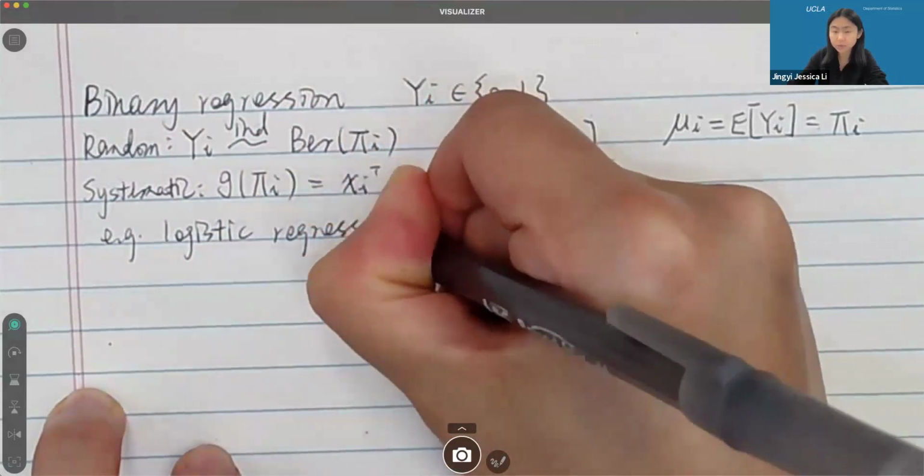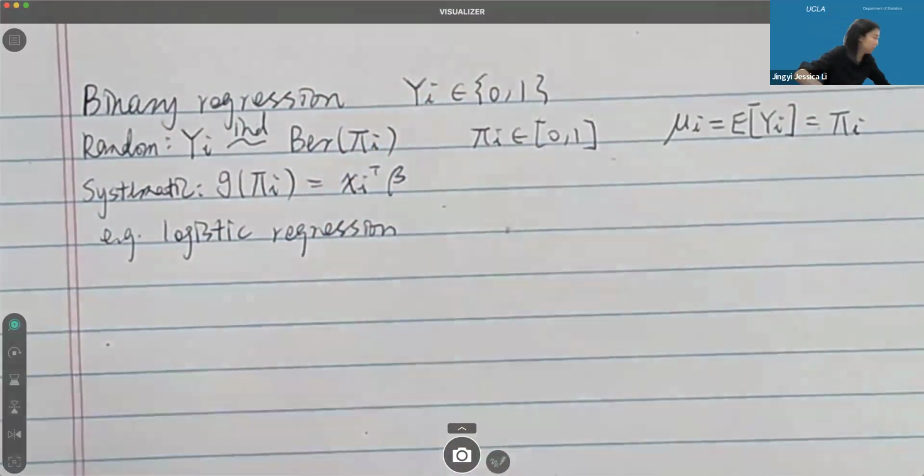we have a specific form of g. Maybe we can pull this forward a little bit.